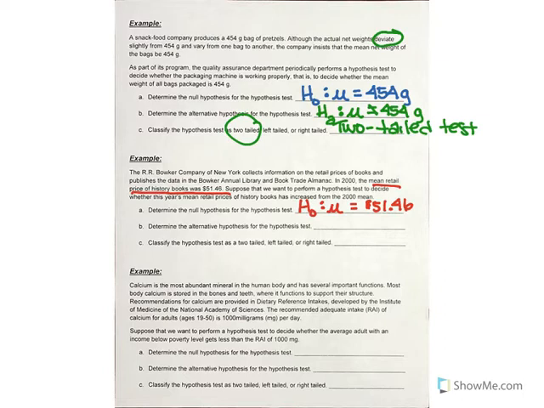Now your alternative hypothesis, we're looking for keywords to show direction. It says, suppose we want to perform a hypothesis test to decide whether this year's mean retail price of history books has increased. That's your keyword, increased from the 2000 mean. So our alternative hypothesis would be H sub A colon μ, and this goes back to our algebra.